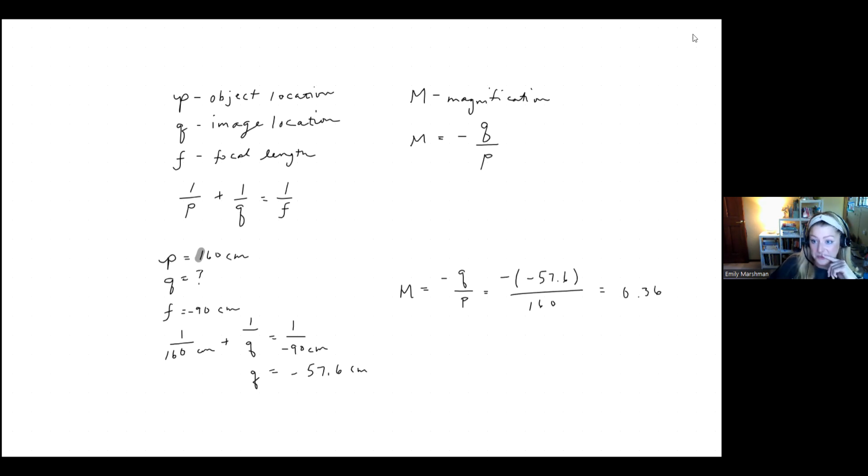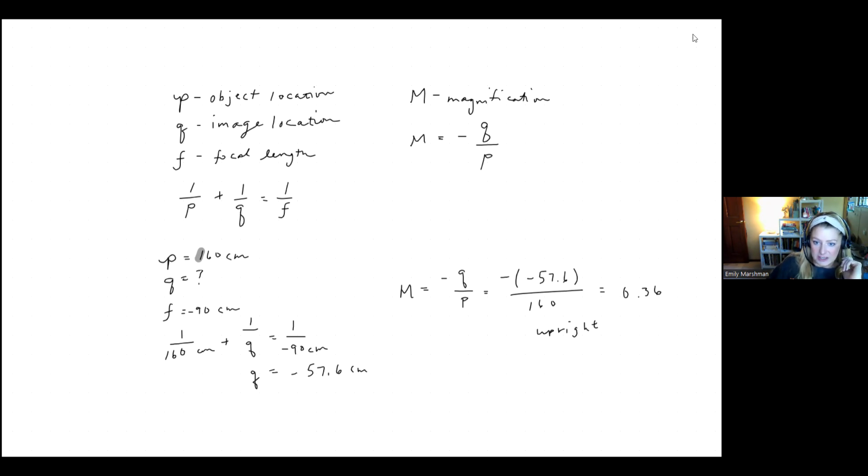Q is negative, so that is telling me that this is creating a virtual image behind the mirror. The image is located on the opposite side of where the object was located. The magnification is positive, so this is an upright image, but the magnification is less than 1. So that's telling me that the object will be smaller than what it actually is. In fact, it's like 0.3, so about 1/3 of the size.